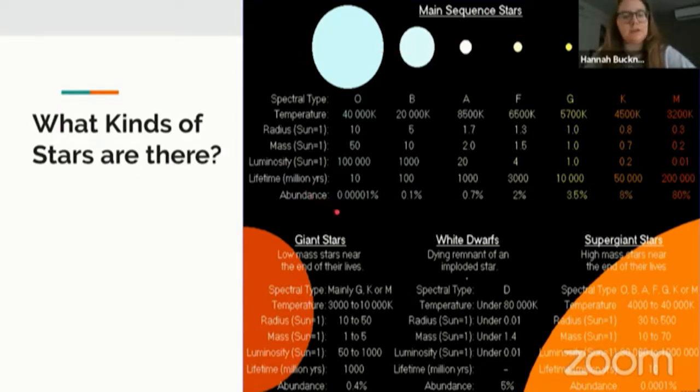We measure them in terms of their spectral type, so that kind of just helps us be able to categorize stars that are like each other.